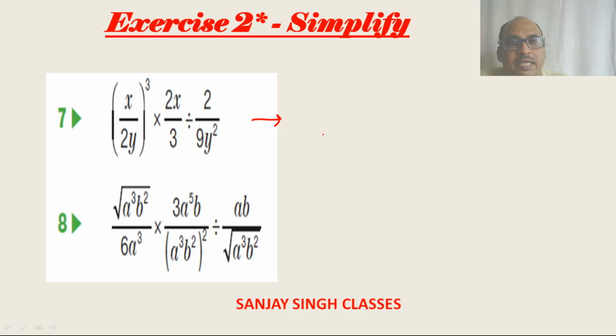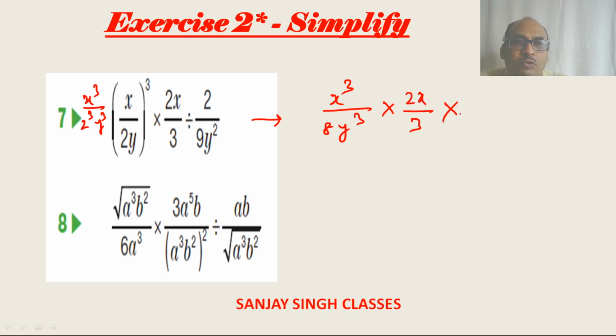Now this is x by 2y whole cube. So it is x cube by 2y whole cube, means 2 cube y cube. 2 cube is 8. So we can say that x cube by 8y cube into 2x by 3 into 9y square by 2, reciprocal. Okay, right.